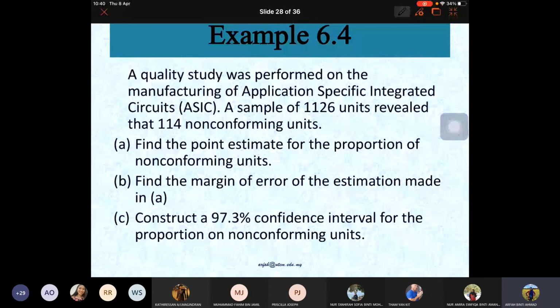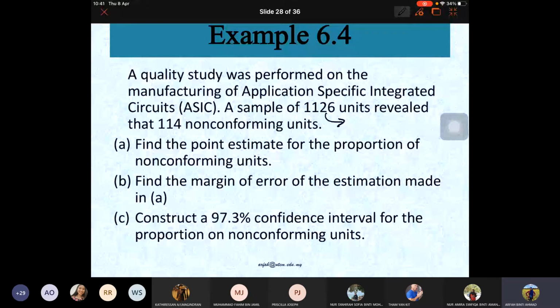Find the margin of error of the estimation made in A, and construct a 97.3% confidence interval for the proportion of non-conforming units. So for this particular question, dia just bagi awak sample of 1126. So 1126 is your what?